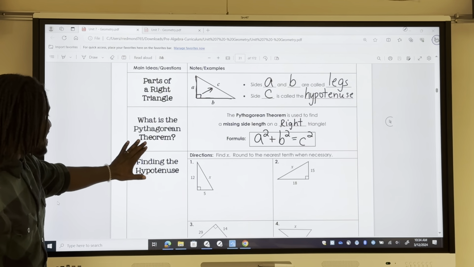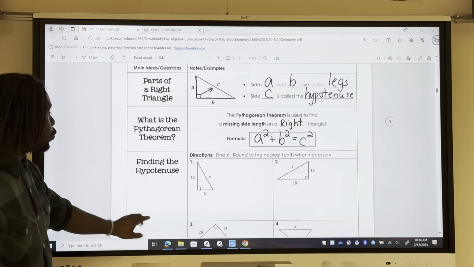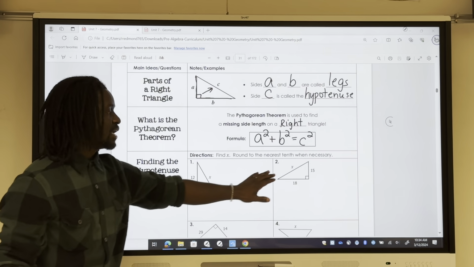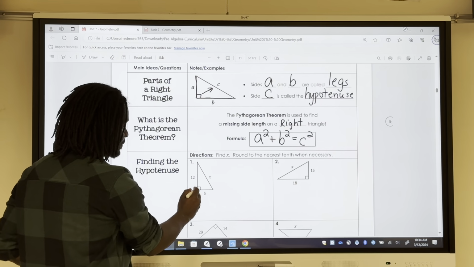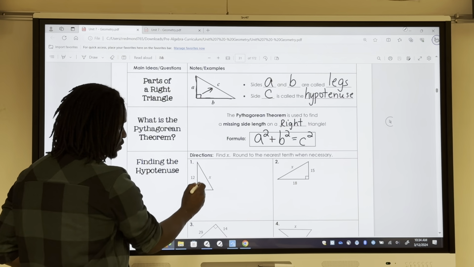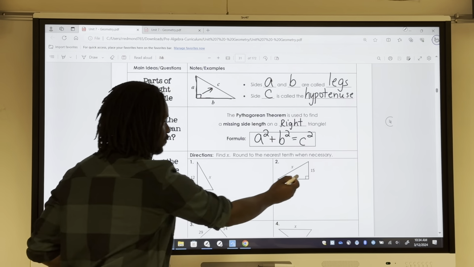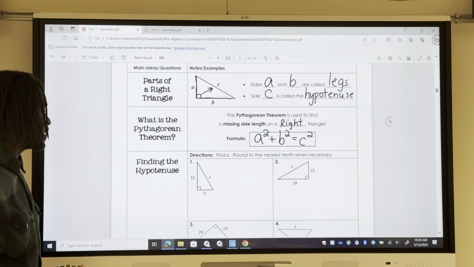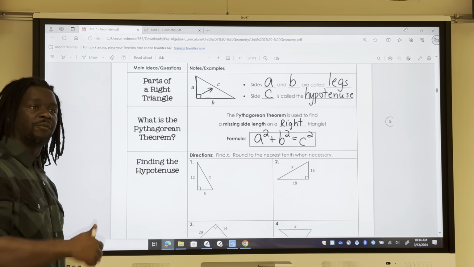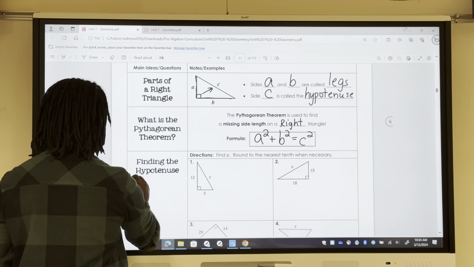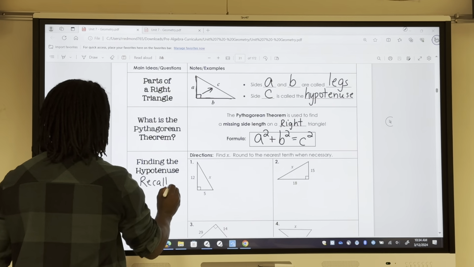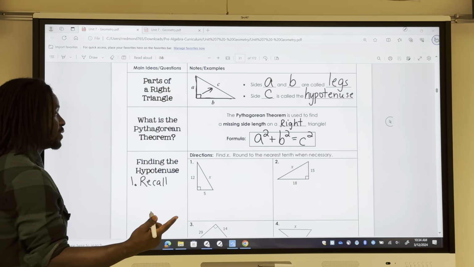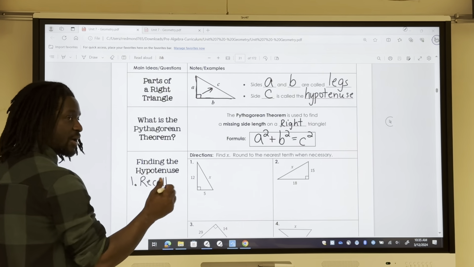So in the first set of questions, we are going to be finding the hypotenuse, all right? In each of these, again, the hypotenuse is always the one that's across from the right angle. That's what we're going to be finding first. And I'm going to give you 4 steps to guide you in these. Step 1 is we're going to start by recalling the formula. We're going to write the formula down every time, okay?